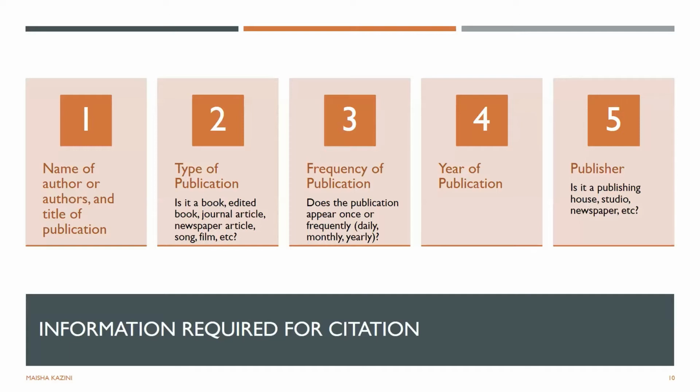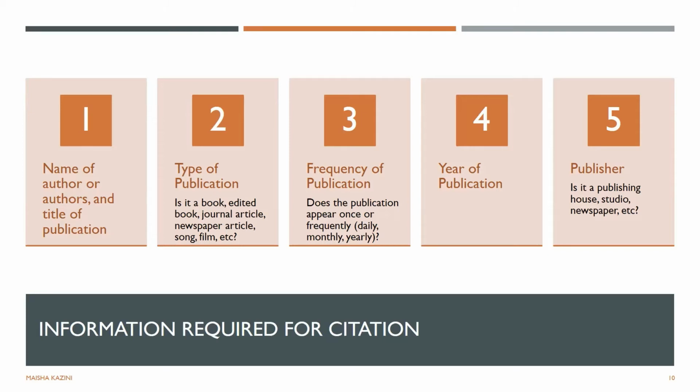What information is required for citation? We need the name of the author or authors, and we also need the title of the publication. We also need to know the type of publication, and this is extremely important because correctly identifying the type of publication helps you consult the APA handbook when you're not sure.